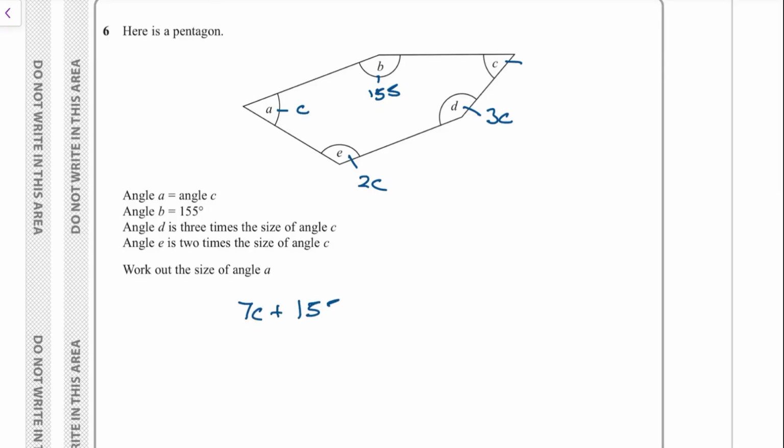plus 155 is equal to the sum of the interior angles, which is 5 minus 2 times 180, which is 540.